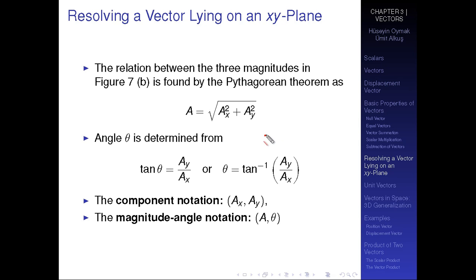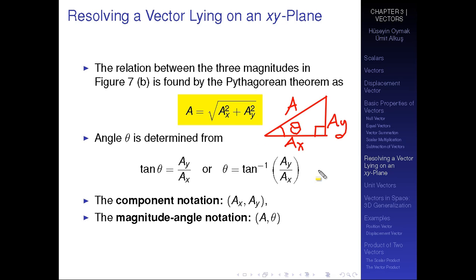The relation between the three magnitudes A, AX, and AY in this right triangle is found by the Pythagorean theorem as A equals square root of AX squared plus AY squared.